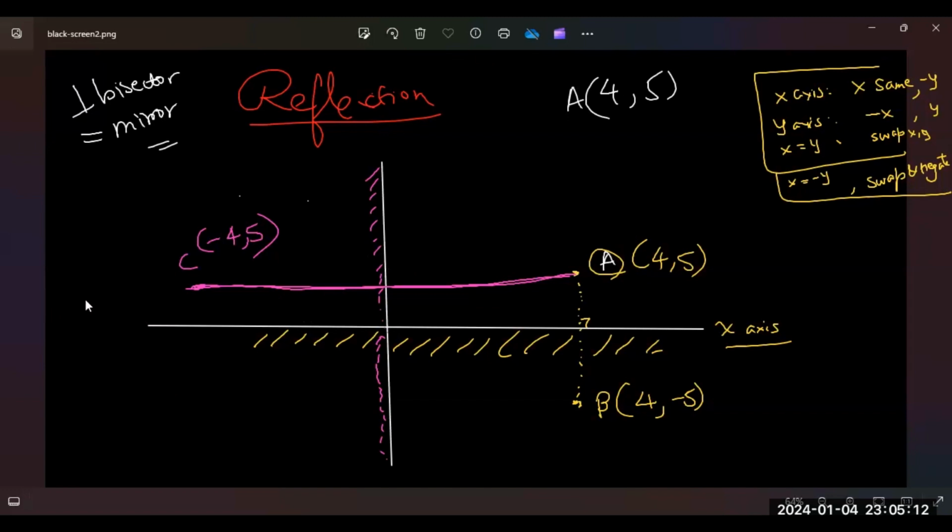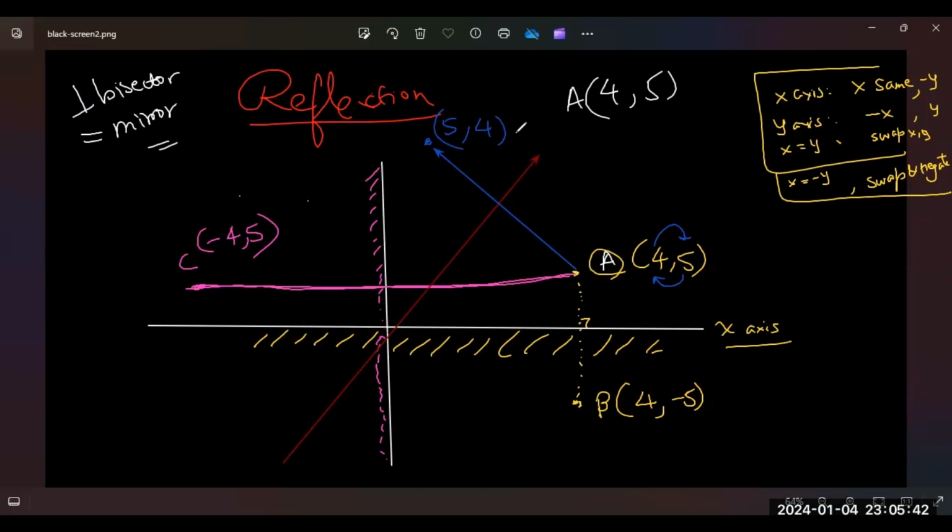Let's choose a line which is oblique. For example, y is equal to minus x. This is the line. In this case, it's a little unique. What you will do is just swap or interchange the x and y. So the image point becomes 5 comma 4.